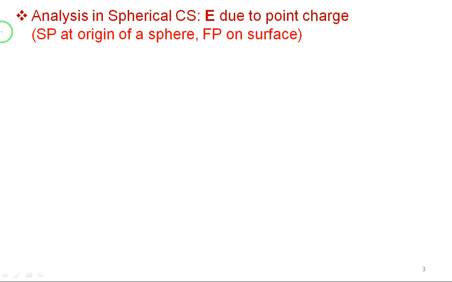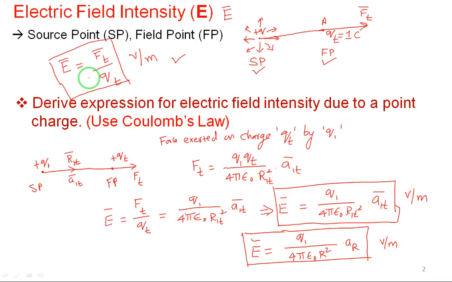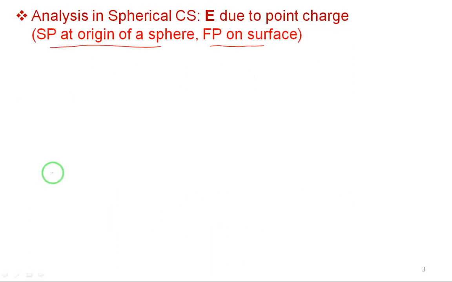I will consider the source point at the origin of a spherical coordinate system, then the field point on the surface of the sphere. We will analyze how the formula will change. Already we have this formula here: the electric field intensity due to point charge is given by q1 by 4 pi epsilon r1t square into a1t. Then if I make use of the spherical coordinate system, we'll see how the formula will change.